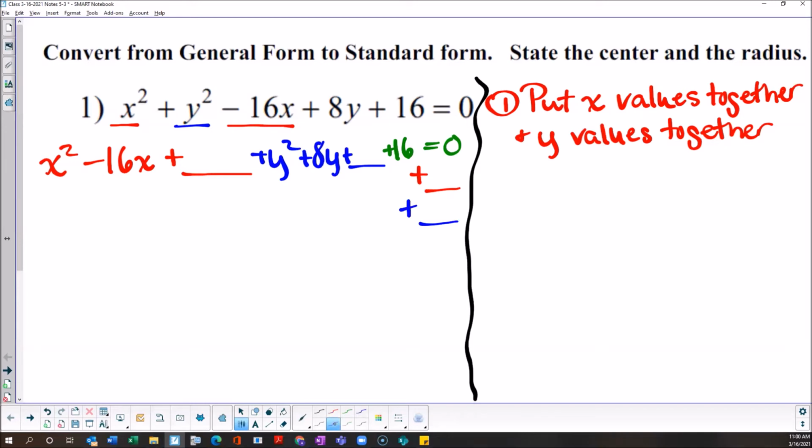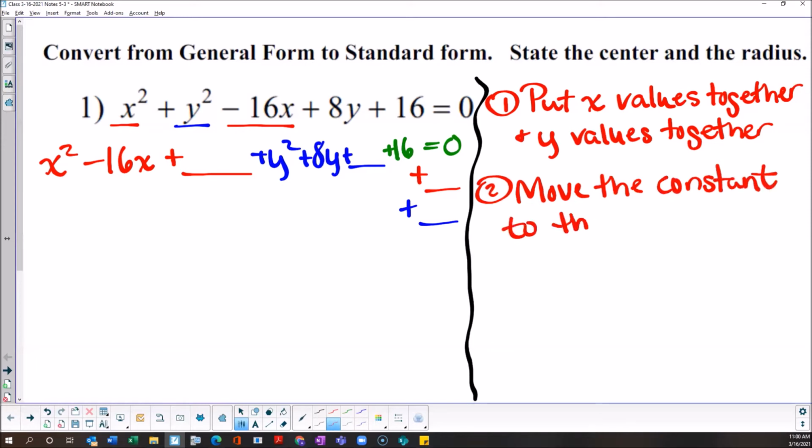Okay, so the next step I'm going to do is move the constant to the right side of the equation. Obviously I can't just move it, I need to subtract it over, right? So I'm going to take this constant and put it over here, which I could have done all in one step, but I'm just trying to do it step by step here.